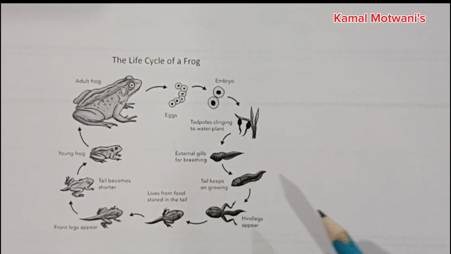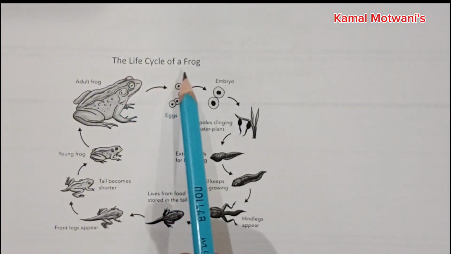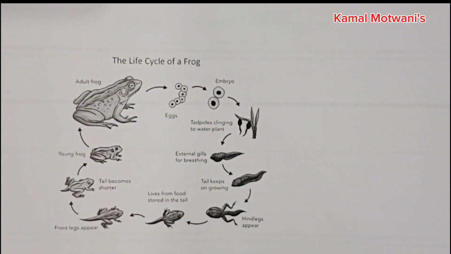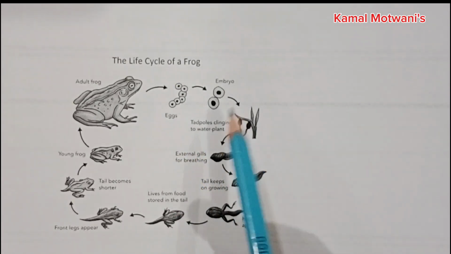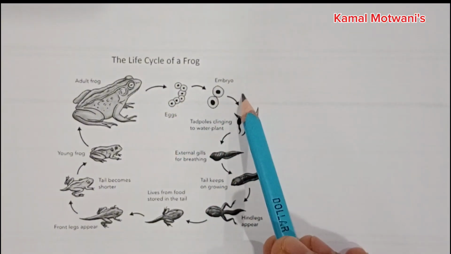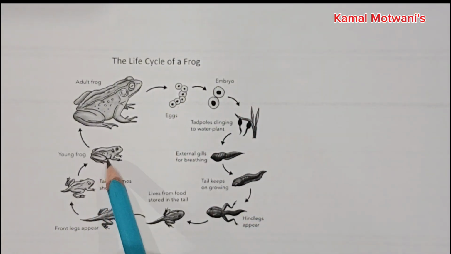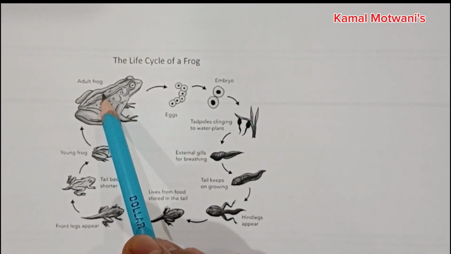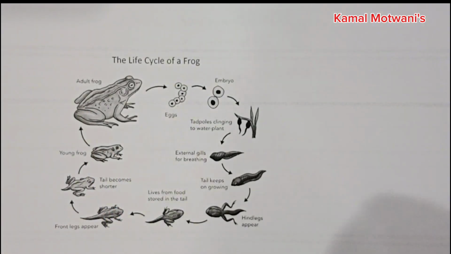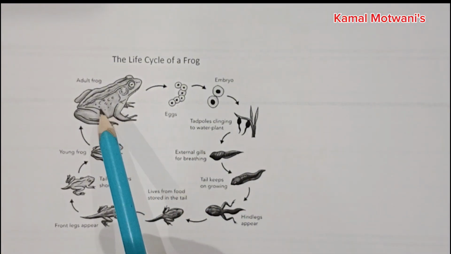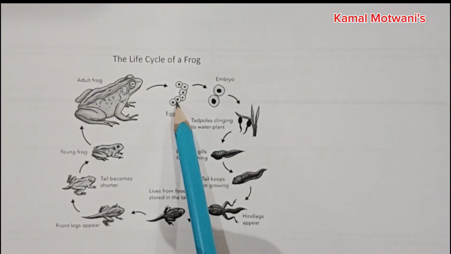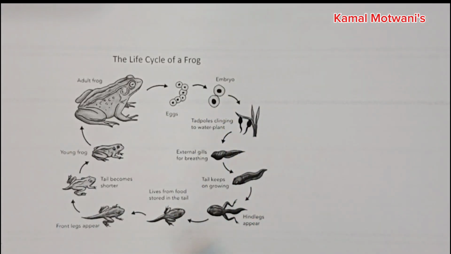Okay, so here is another type of process diagram. It is very much natural process, the life cycle of a frog. Because it is a natural process, it is recurring. It gets started naturally. From eggs to embryos to young frogs to adult frog, it is a natural process that keeps on continuing by itself, because the adult frog will again lay eggs, and from eggs to embryos, and again it will start by itself.